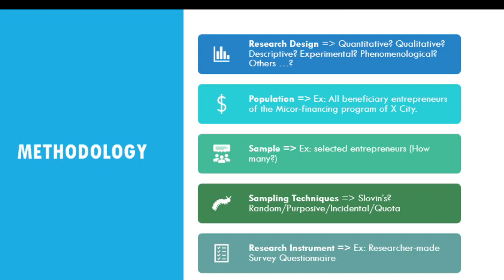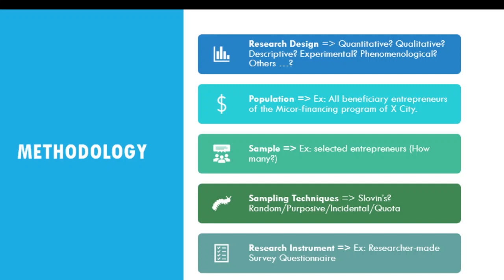Now, the second one is your population. Where do your respondents come from? That is what is called the population. For example, all beneficiary entrepreneurs of the microfinancing program of X city. X city is the LGU, or local government unit, if that is where your population is coming from.